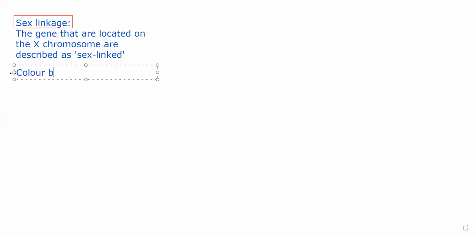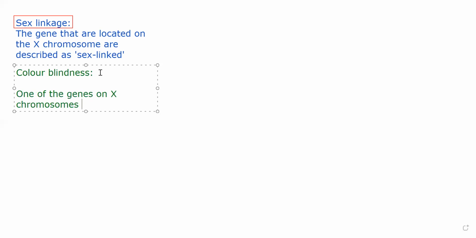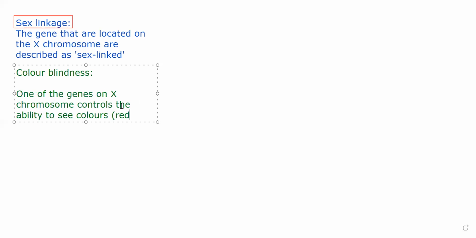When I'm talking about color blindness, one of the genes on the X chromosome controls the ability to see colors. Which colors am I referring to? I am referring to red and green.